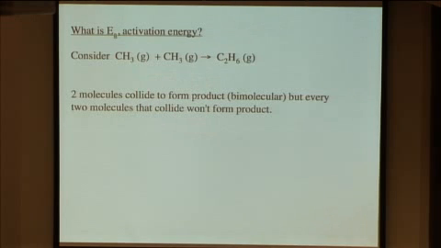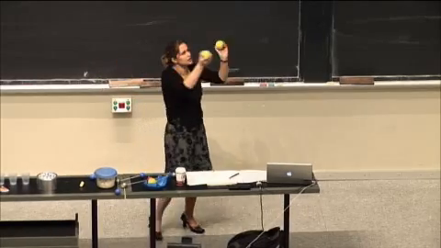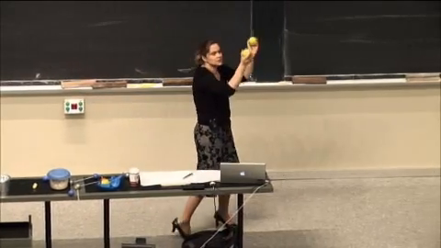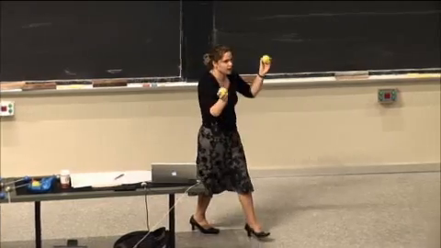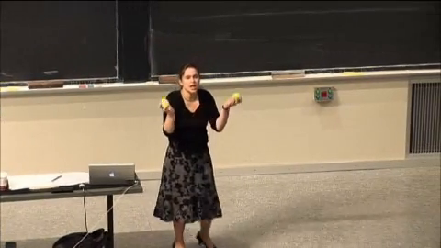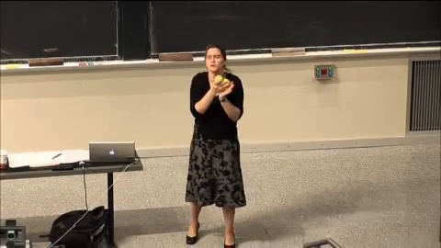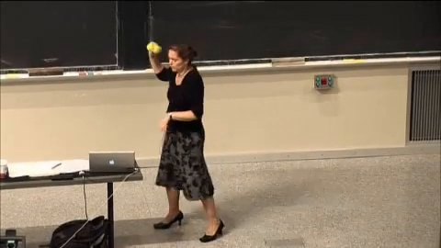All right, so activation energy. We're going to be talking a lot about this today. So what is it exactly? So let's think about two molecules coming together. When two molecules come together, you have this bimolecular process going on. But every time two molecules come together, they're not going to go on and form a product.